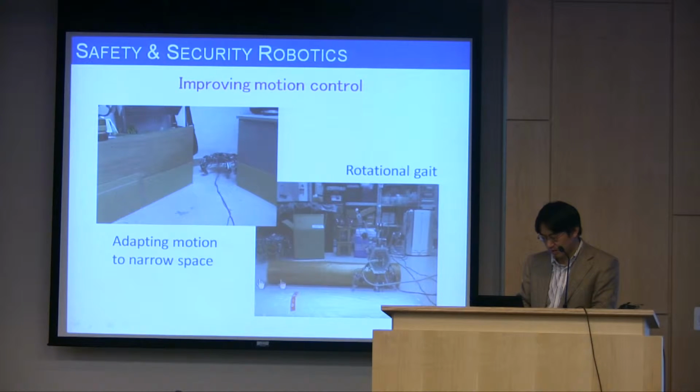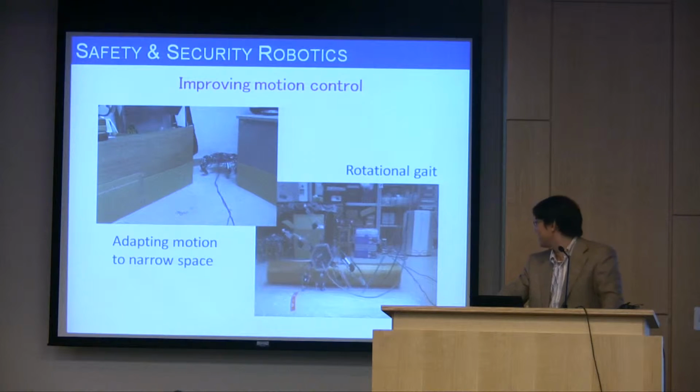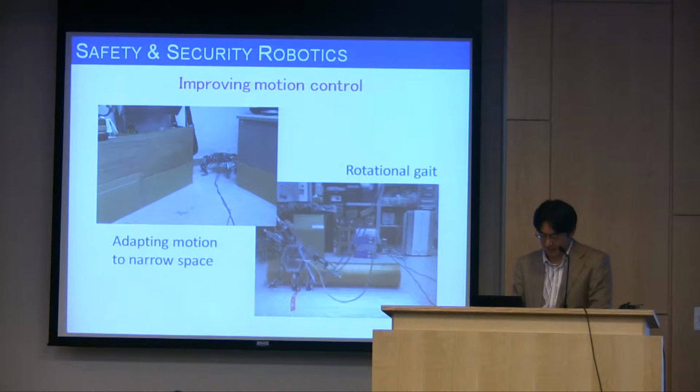The right motion is a dynamic rotational motion. It can rotate this way to go into a very narrow space, like this. This is the robot that we call the limb mechanism robot ASTERISK.